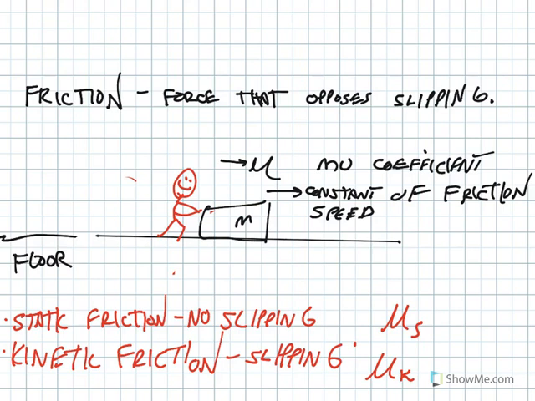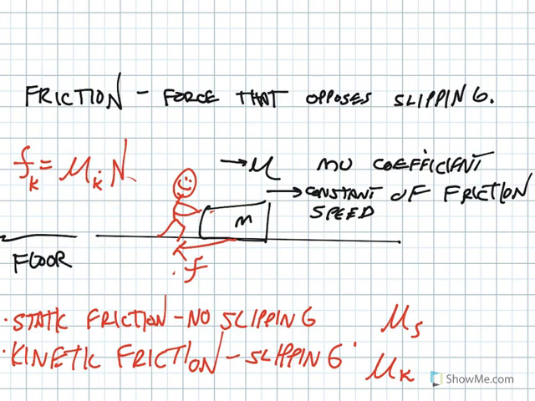Here is how you calculate how large this frictional force is. If it is slipping, then this is kinetic friction, and that is equal to mu kinetic times N, where N is the normal force acting on this thing.